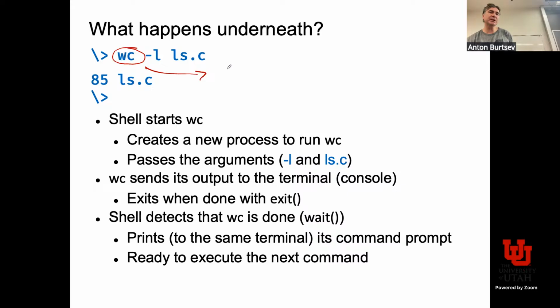So WC is just a binary in the system, and the shell executes it, meaning that it creates a new process which executes WC, WC runs and outputs something on the screen, and the shell waits for this process to finish. When this process is done, it outputs the next command prompt, saying, okay, I'm ready to do something next. That's kind of natural. It's like a GUI, but on the keyboard.